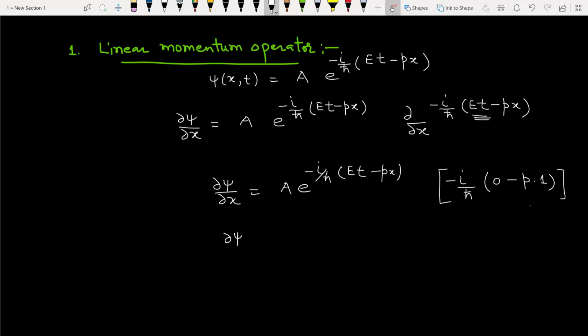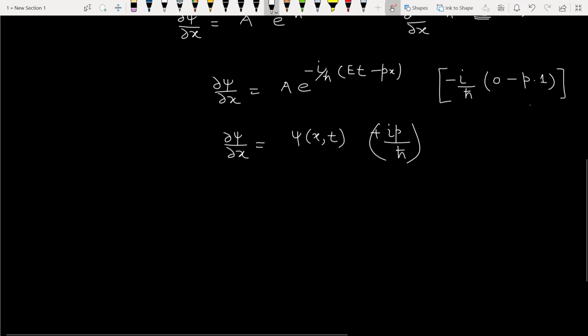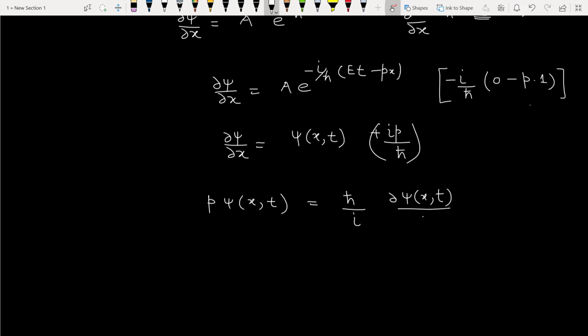So ∂ψ/∂x will be ψ(x,t) times plus iota p by h cut, minus minus being plus. So we can write it like this: p ψ(x,t) equals h cut on the other side over iota, ∂ψ(x,t)/∂x.